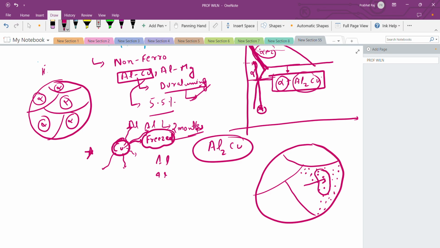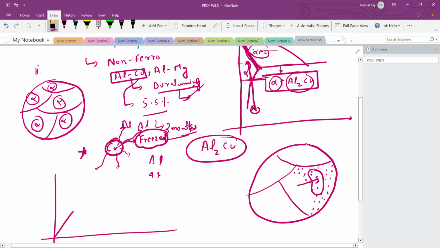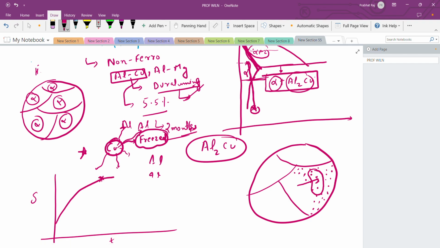So strength increases due to this reason. When I observe this graph, strength versus time, you will find that strength increased until this point. After that, strength started falling down.